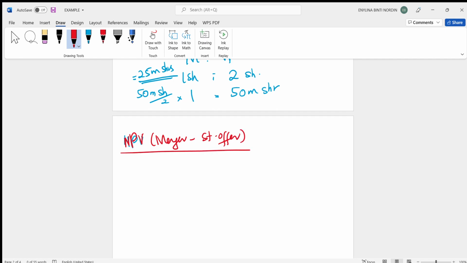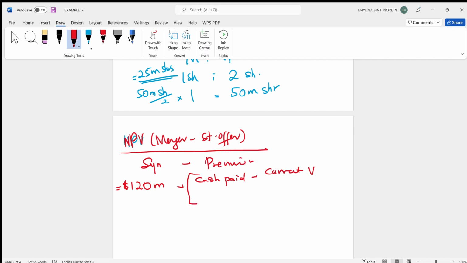Synergy minus premium. The synergy again is 120 million, and you minus the premium. What is the formula of premium? If it's a cash offer, it is the cash paid minus the current value of N Berhad.